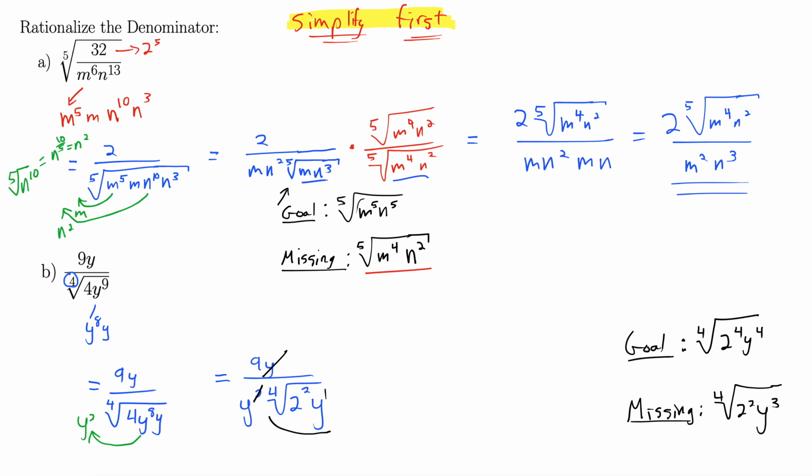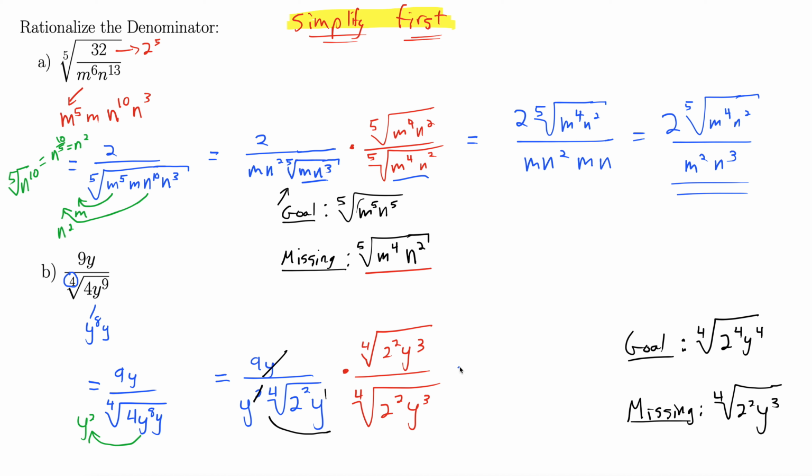So now we take our missing term and multiply both the numerator and the denominator by it: the fourth root of 2 squared y cubed over the fourth root of 2 squared y cubed. We do it to both the top and the bottom because we're really just multiplying by 1, so it doesn't change the equation at all.